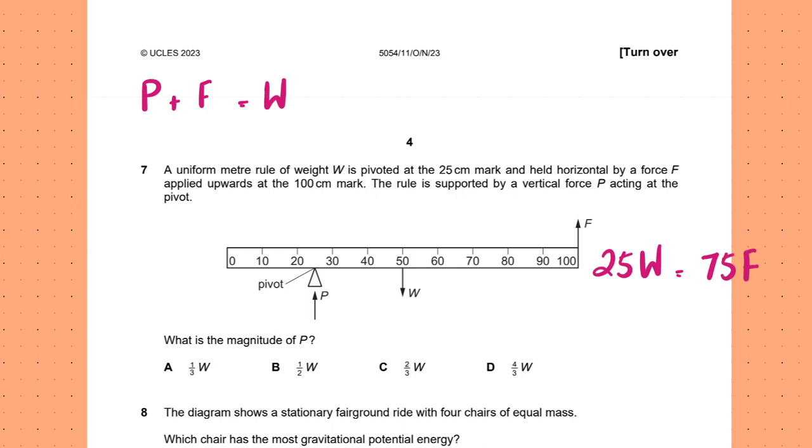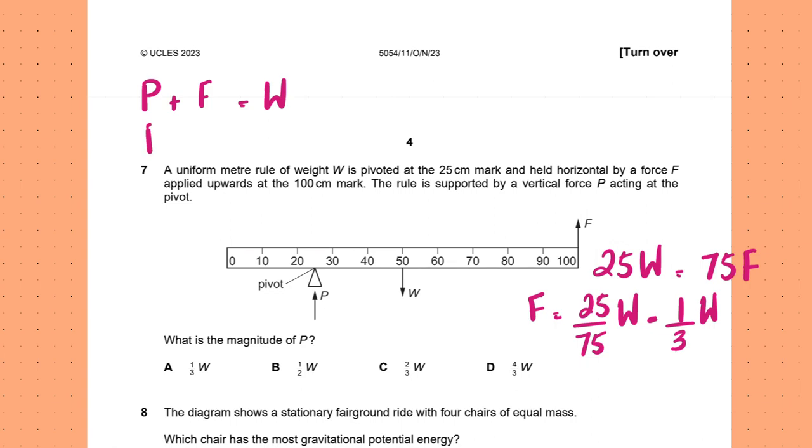Now, using this, I needed P only in terms of W. So using this equation, I can figure out a substitution for F. If I make F the subject here, I can have F just in terms of W. So F is going to be 25 over 75 W, which is 1 by 3 W, right?